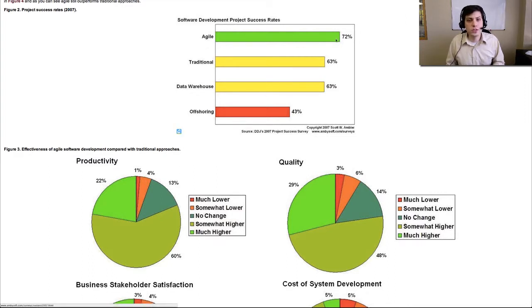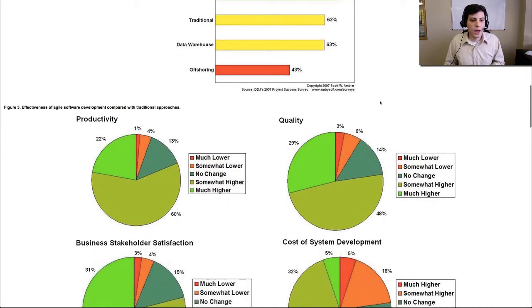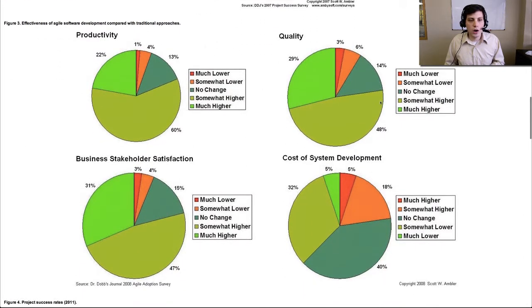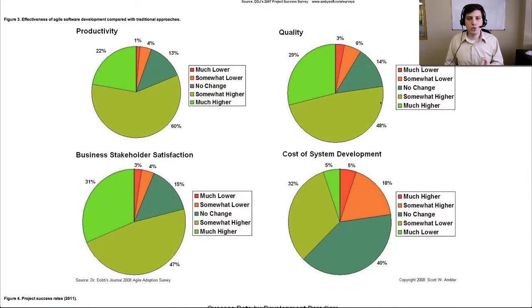And so in terms of project success rates, and that's defined specifically as achieving the goals of that particular project, releasing on time, releasing on budget, those kinds of things. Agile ends up sort of besting the traditional models. We get here our sort of productivity measures, quality, cost of system development, and business stakeholder satisfaction.